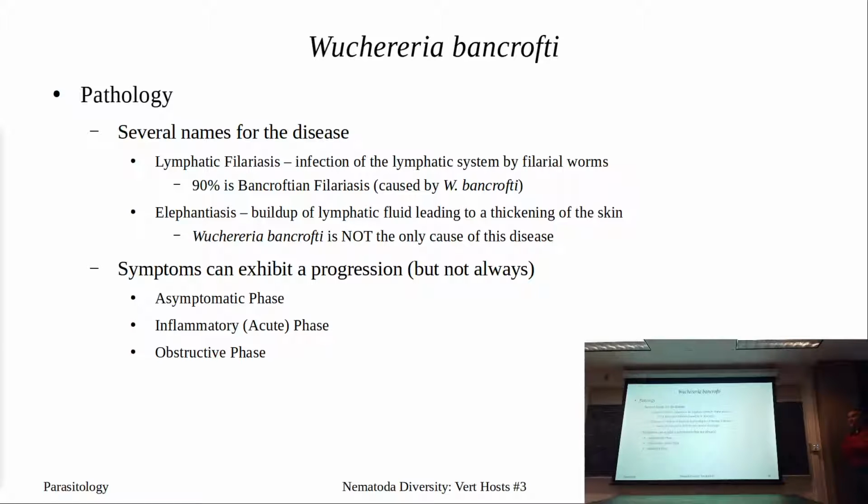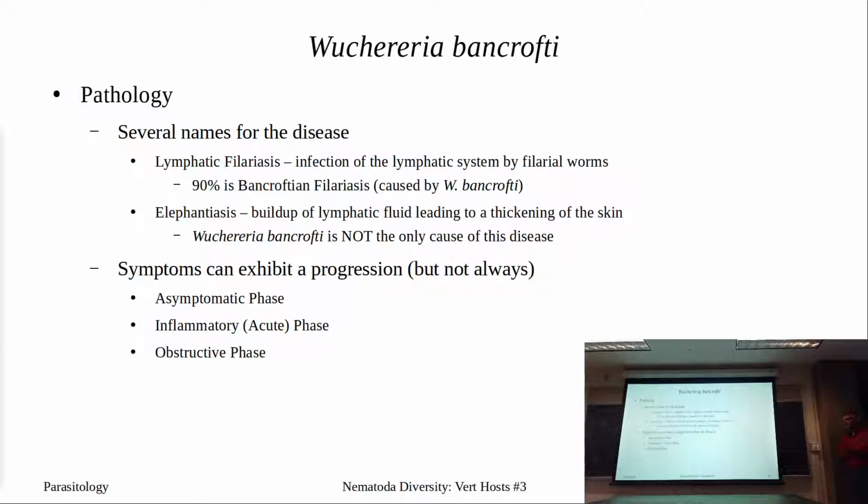About 90% of lymphatic filariasis is caused by Wuchereria bancrofti. So instead of just lymphatic filariasis, they call it bancroftian filariasis, which is lymphatic filariasis caused by Wuchereria bancrofti. All right, that's your disease name.